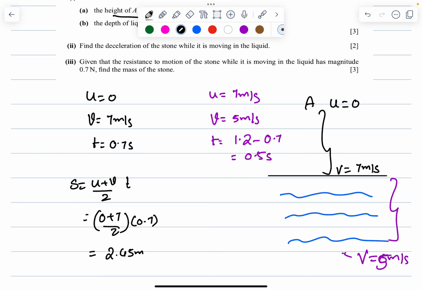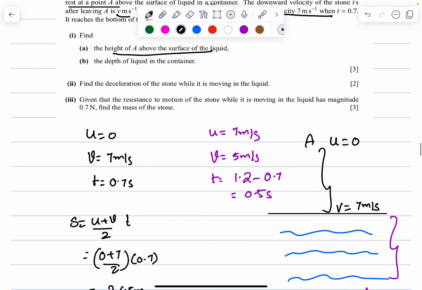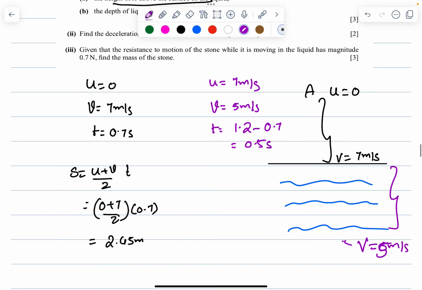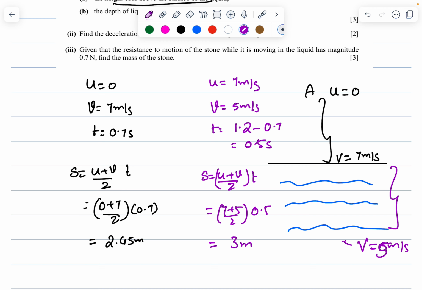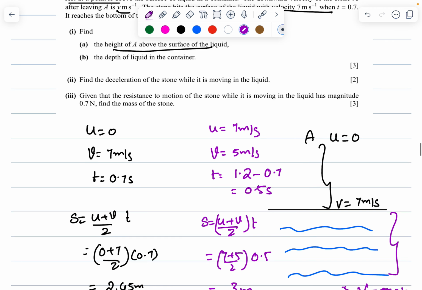Now for the depth of the liquid container, S equals u plus v by 2 times t, so 7 plus 5 by 2 times 0.5, which is 3 meters. That's the answer.